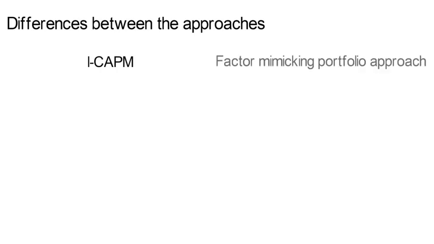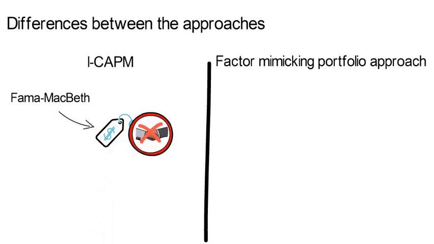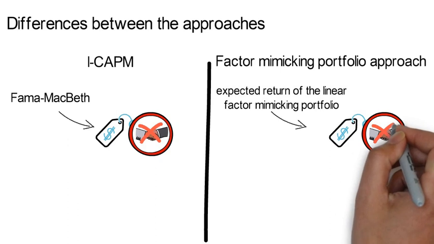If you look at both approaches carefully, you will notice that the key difference is in the calculation of the market price of the non-tradable factor. The I-CAPM approach uses the Fama-Macbeth procedure to determine the market price of non-tradable risk, while the factor mimicking portfolio relies on the expected return of a linear factor mimicking portfolio.